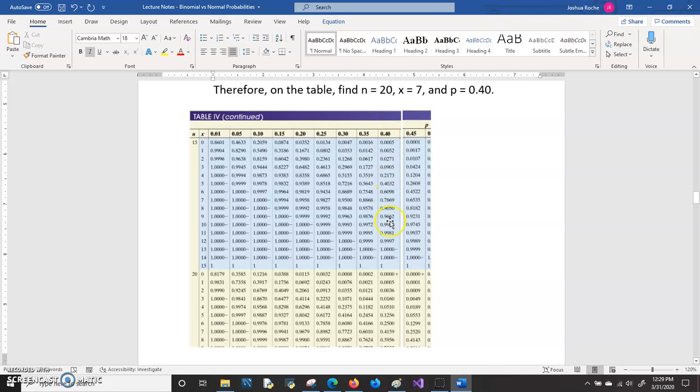Go down and see where they line up, and they line up right here. That's the same as what you would get on a formula or on the calculator. So we just line these all up, and you get that same result, 0.4159.